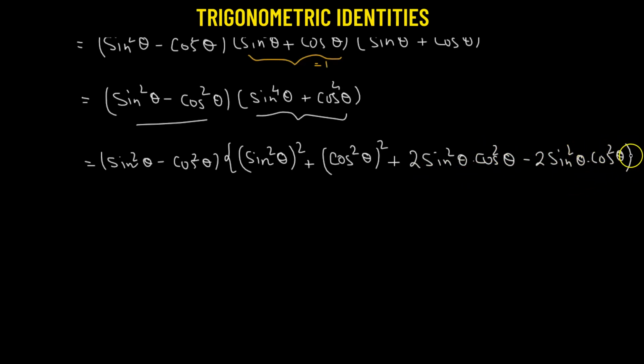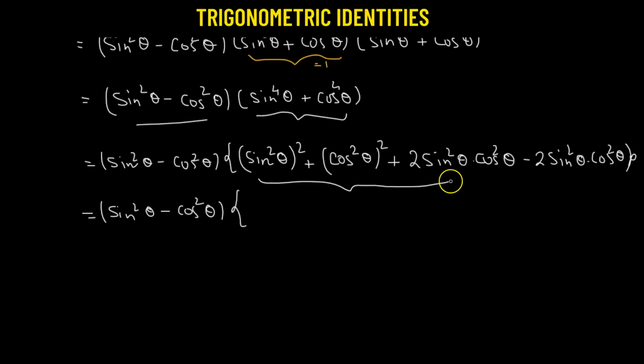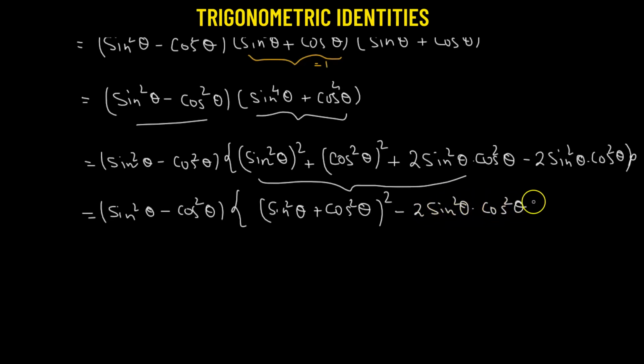Now in doing so, we'll find that this can be expressed as sine squared theta minus cosine squared theta times the following. The first term, second term and third term of this expression have the form a squared plus b squared plus 2 times a times b. So we have sine squared theta plus cosine squared theta whole squared minus 2 times sine squared theta times cosine squared theta.